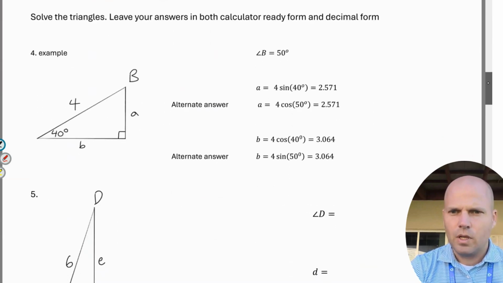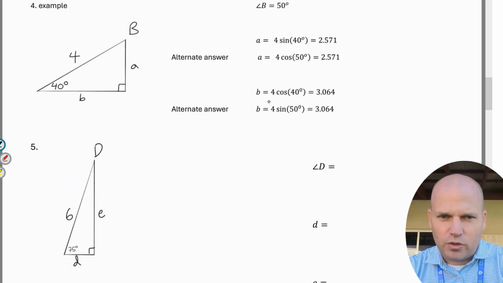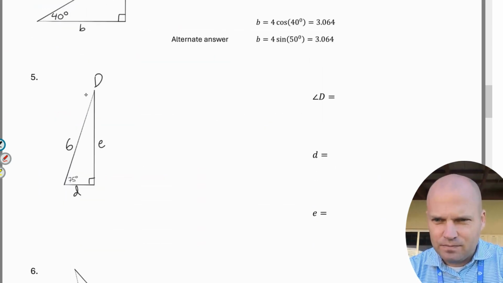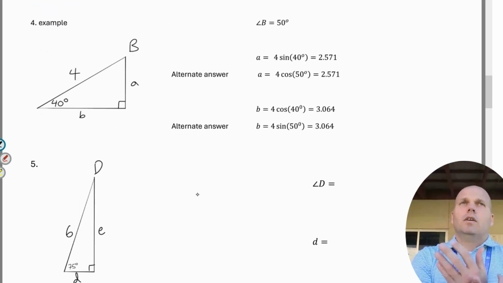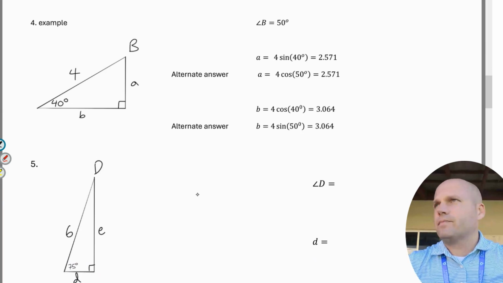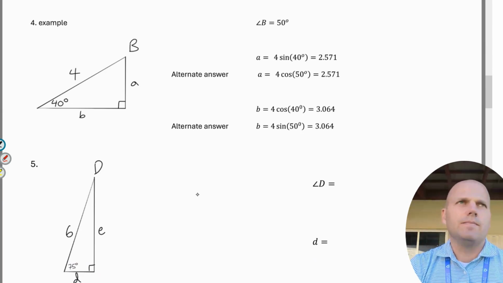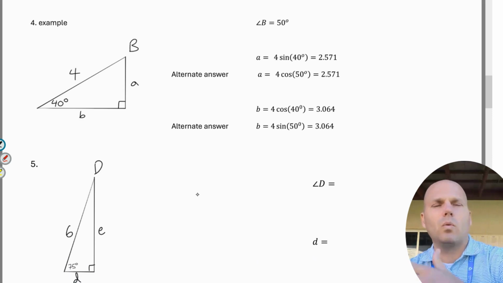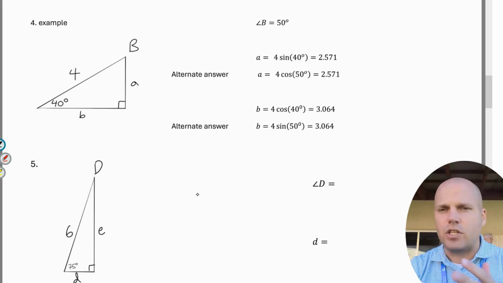Cool. Okay. Now, we are going to solve these triangles. We want to find the missing angle and the missing side lengths. There is a very geometric way of doing this that we are building towards understanding through last unit and this unit.